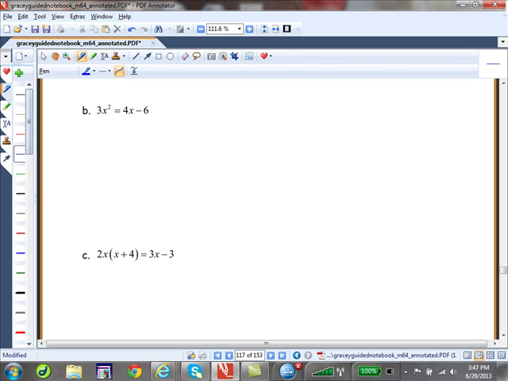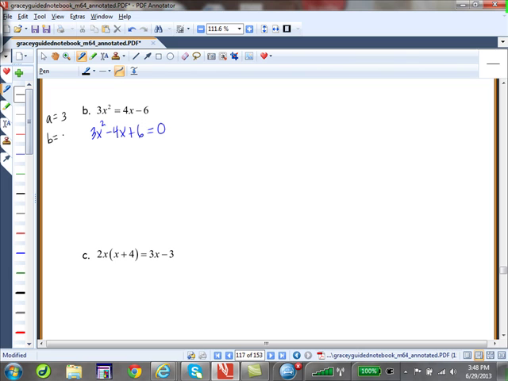We've got a quadratic because we've got the squared term there, and they're all the same variable. There's x's, but it's not in standard form. So we need to subtract 4x from both sides and add 6, and we get an equivalent equation. So what's my a? Good, 3.